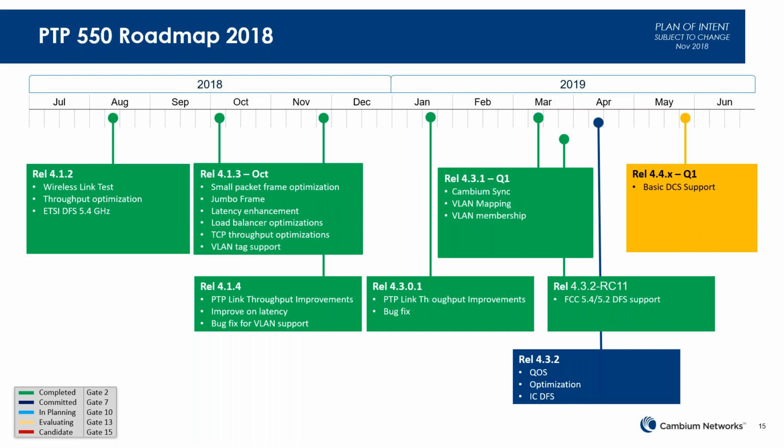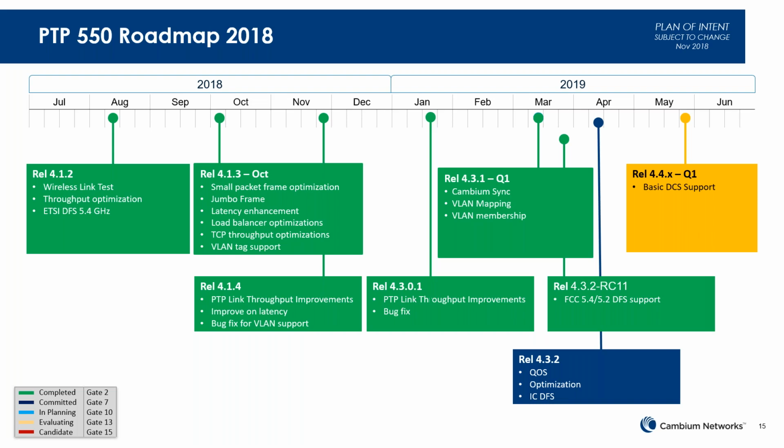The next major release we have is 4.4. Actually, this one is not right here. It's not a Q1 date, it's more in early Q3. The final date is not finalized, but that is coming. It's the basic DCS support. For dynamic channel selection, there will be two phases. In phase one, we will deliver what we call basic DCS support, and phase two is enhanced DCS support.